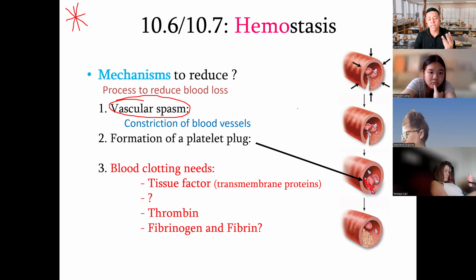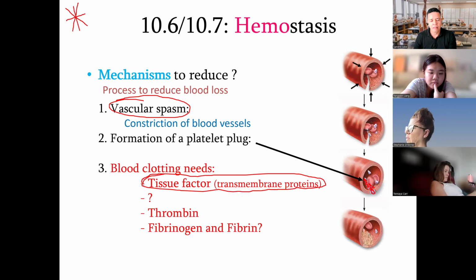And step number 3 is the activation of different clotting factors. One of those clotting factors is what we call the tissue factor. And a tissue factor is a transmembrane protein that, combined with calcium, is going to lead to the activation of an enzyme called thrombin.